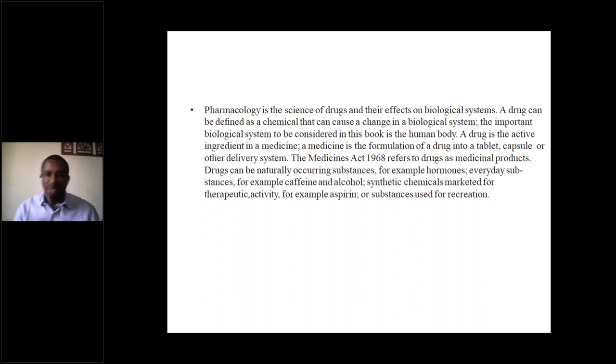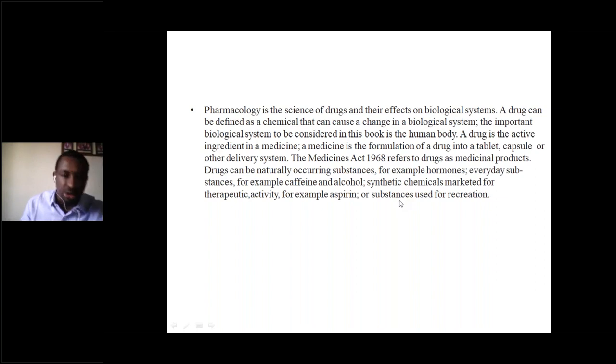The Medicines Act of 1968, the British Medicines Act, because in Nigeria we use the British Pharmacopoeia, refers to drugs as medicinal products, but they can also be naturally occurring. There are drugs that occur naturally in plants and in animals. For example, hormones occur in animals and in humans.